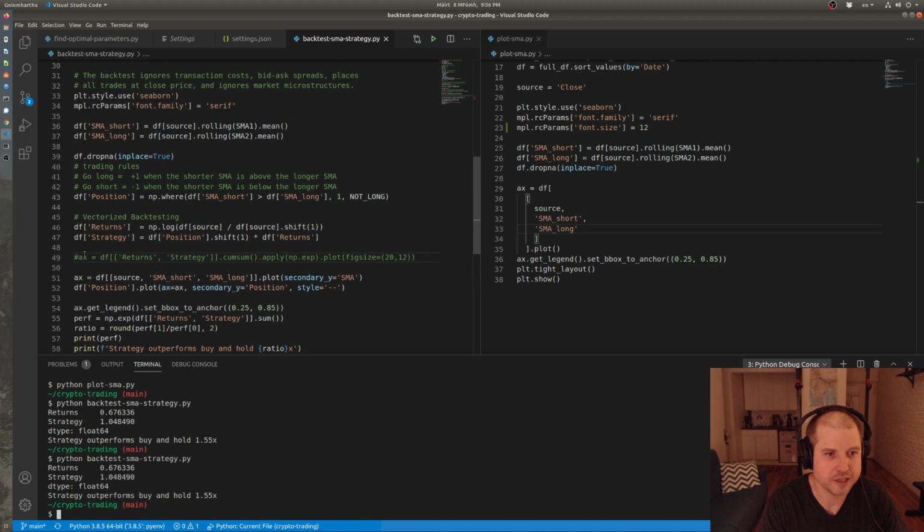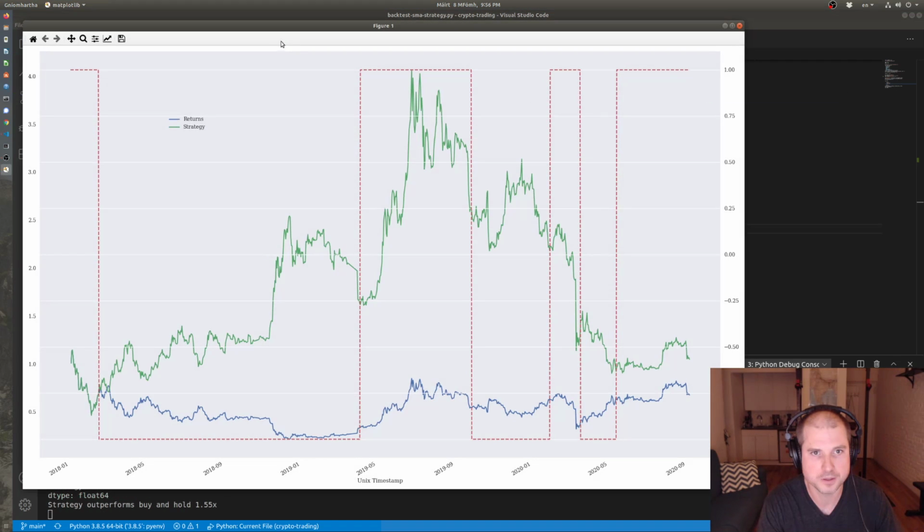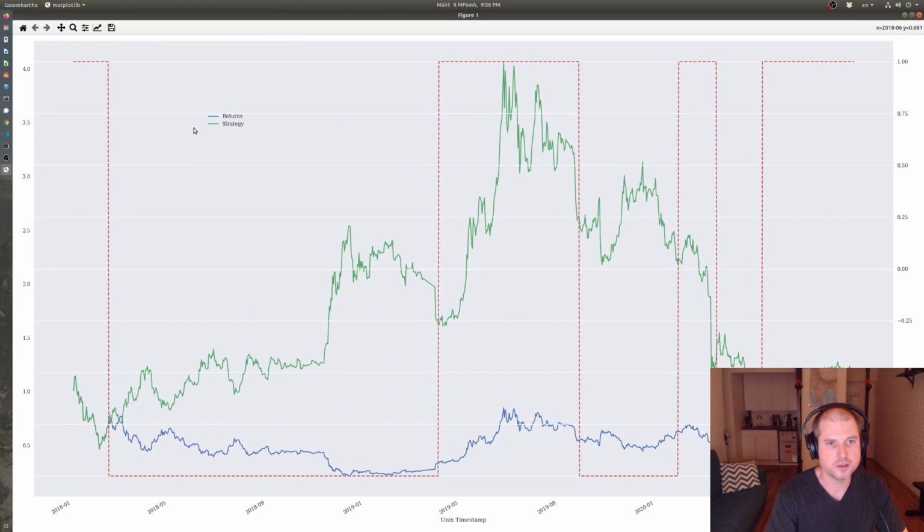So I can show you now, let's go back to the plot I showed you by accident before. Buy and hold is blue, and these both start at 1.0, and the green is this simple strategy.